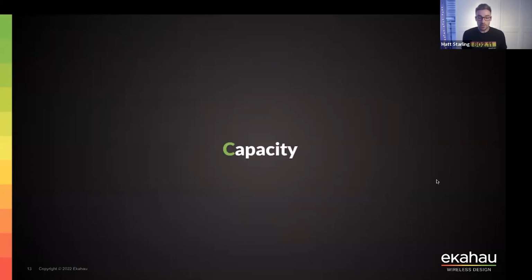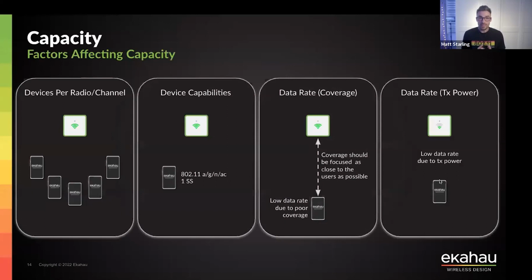So the next thing that we wanted to talk about was capacity, and capacity can be one of these things that has a big impact on our Wi-Fi network. When we're talking about capacity, we're talking about the amount of devices that we have associated to a radio inside of the access point. Now, it's really good to understand that if you've got too many client devices associated to the same radio inside of an access point, then there's a good chance that not all of them are going to be able to do some of the time sensitive applications that they were looking to do.